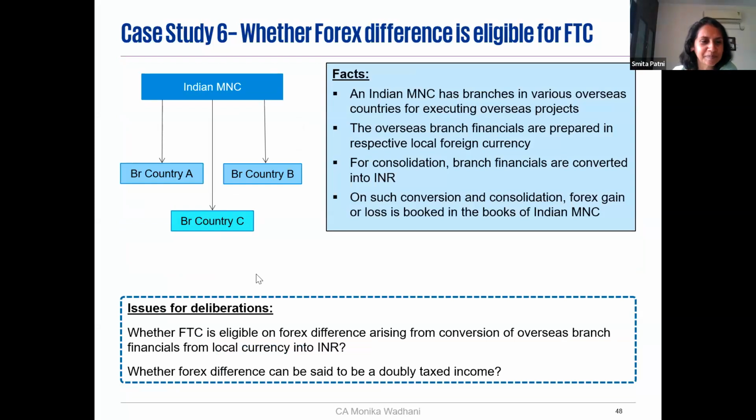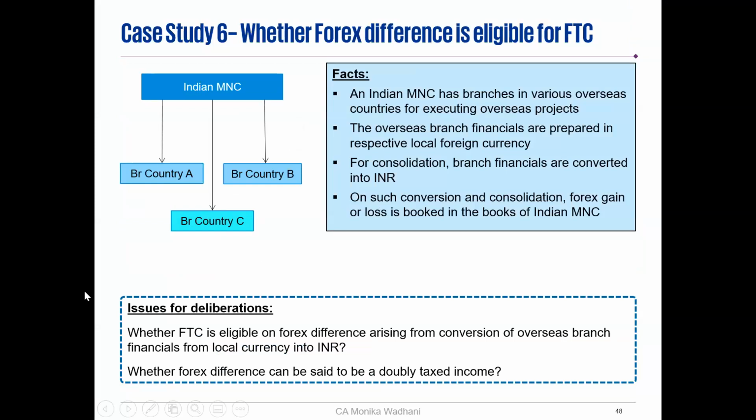Okay. So the next case study is what happens in case of Forex conversion and whether that is eligible for foreign tax credit. There are many Indian MNCs who have branches as a model for operating in foreign jurisdictions, for executing overseas projects in the respective overseas jurisdiction.